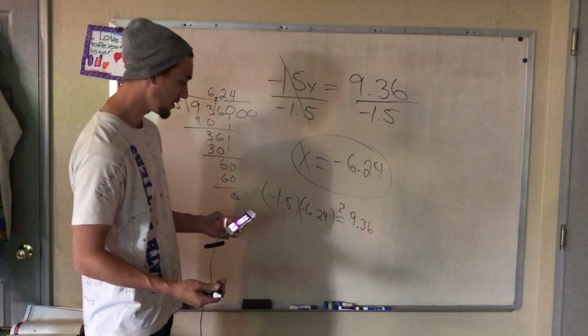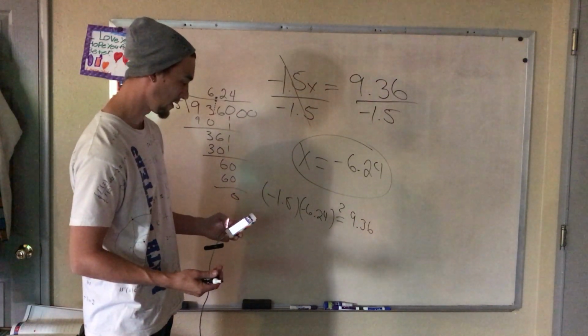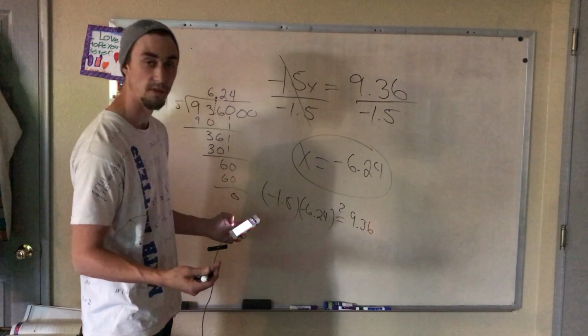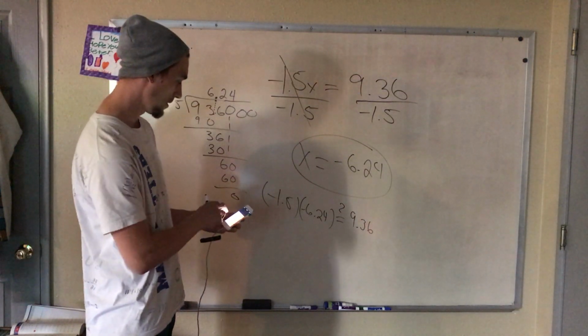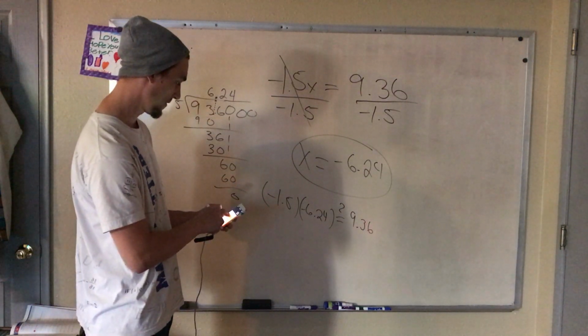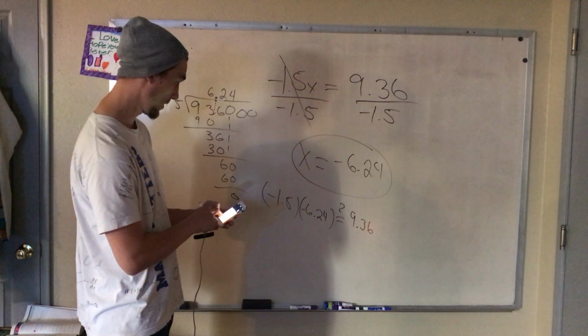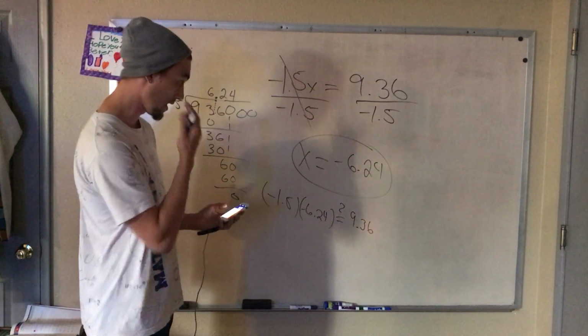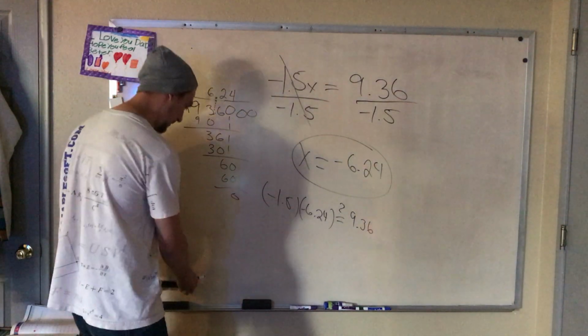This is just for you as you're practicing to see if you got the answer correct. 1.5 times 6.24 is 9.36. Good, so that was done correctly.